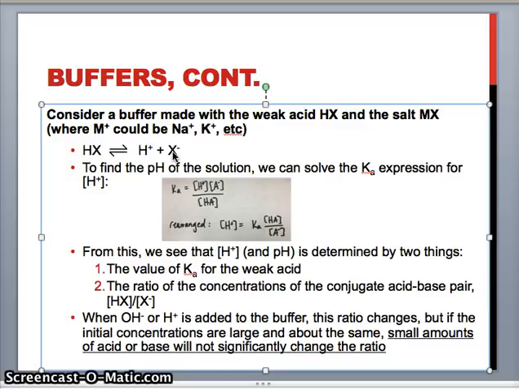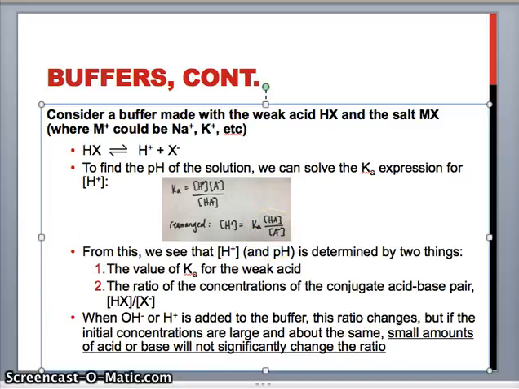And we said that if we wanted to find the pH of the buffer solution, we can write out our Ka expression and actually rearrange for H plus and see that our H plus concentration, and therefore our pH, is related to that Ka value for the weak acid times the acid concentration divided by the base concentration. So the pH of your buffered solution is dependent on both the Ka for that acid that you've decided to use in your buffer, as well as that ratio between the acid and the base.